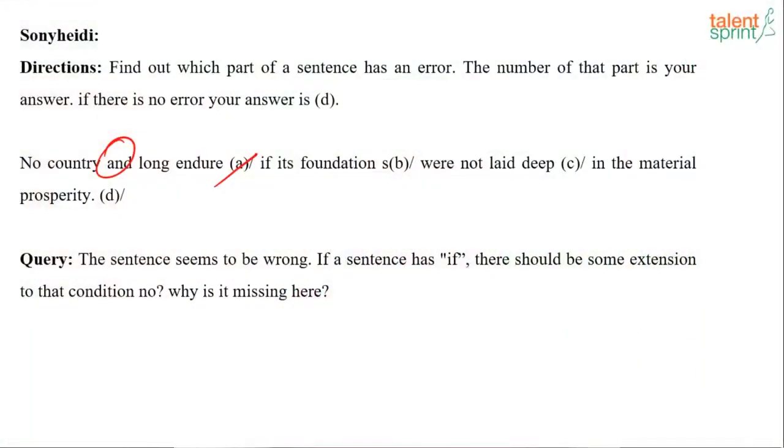Now, there are 5 main ways of constructing conditional sentences. Okay, so let's look at the 5 ways that we have. First type is the zero type.